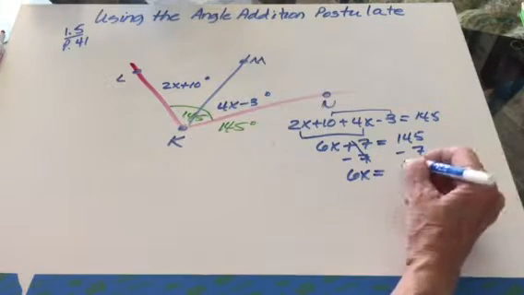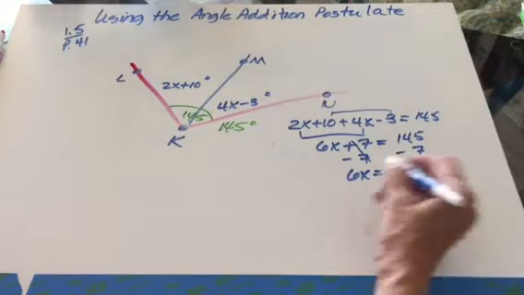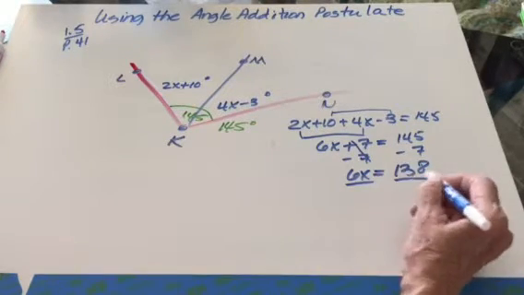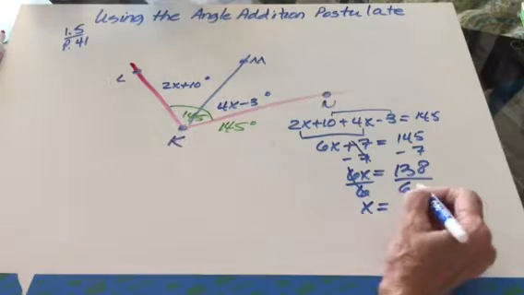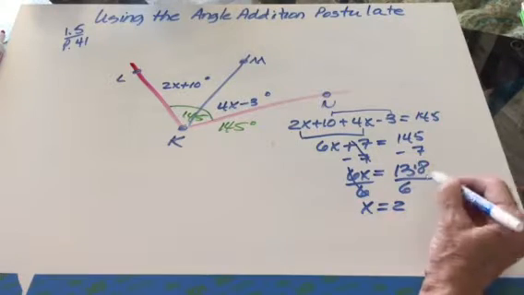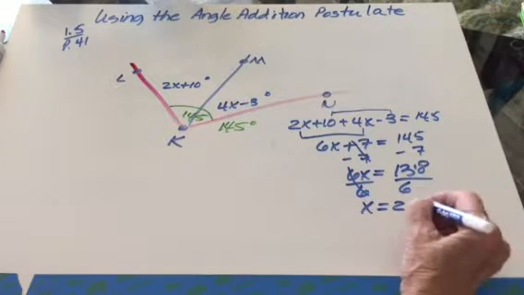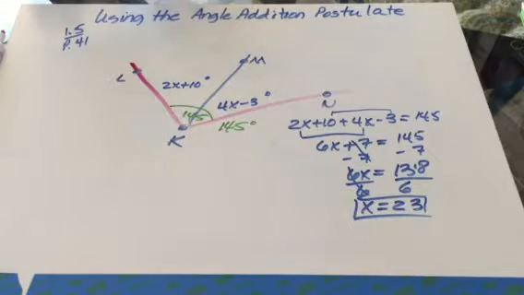Calculator time, that's going to equal 138. To finish it off, I divide by 6. And x is going to equal, 6 goes into 13 2 times with a remainder of 1, 6 goes into 18 3 times. All right, I know that x equals 23.